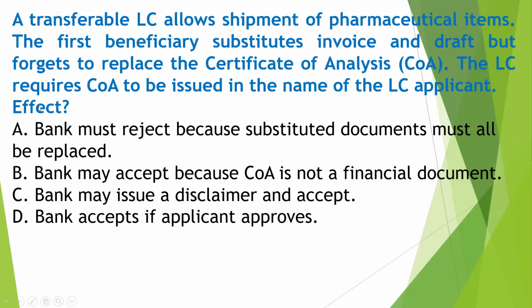So what will be the effect on the bank, what should the bank do? A: Bank must reject because substituted documents must all be replaced. B: Bank may accept because COA is not a financial document. C: Bank may issue a disclaimer and accept. D: Bank accepts if applicant approves. So you have to tell what the bank should do.